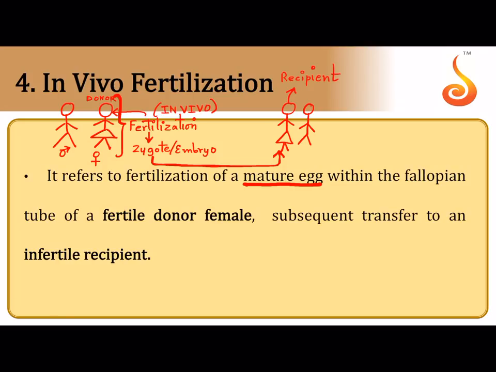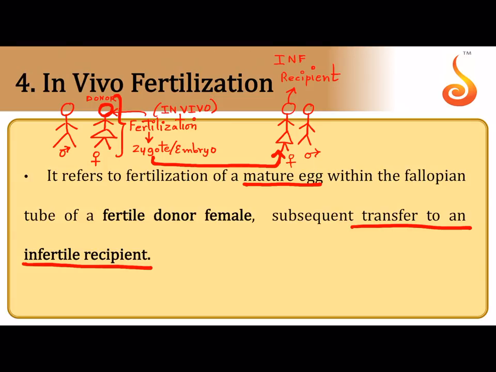So couple 1 is fertile. Couple 2 have infertility issues, and they want to bear a child. So where did the fertilization happen? Sexual intercourse and fertilization happen within the donor woman. And then the zygote or the embryo is transferred into the recipient woman. See? Subsequent transfer into an infertile recipient.